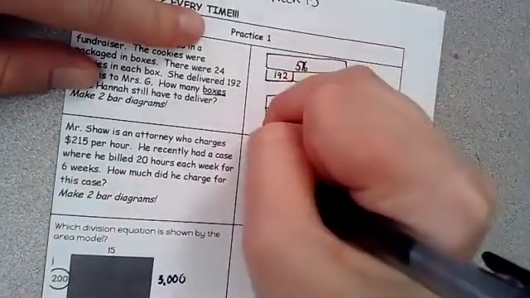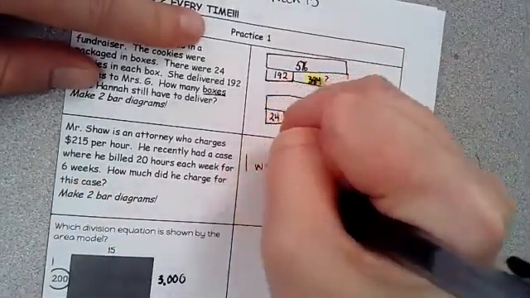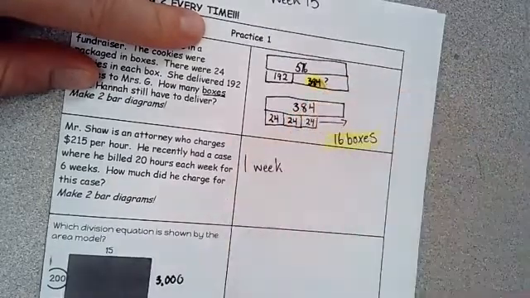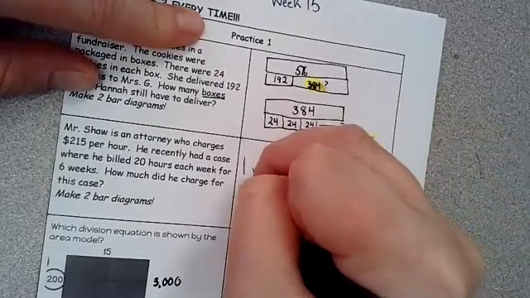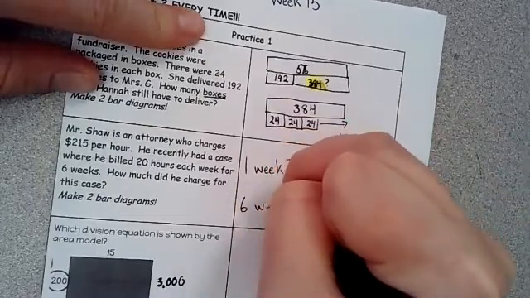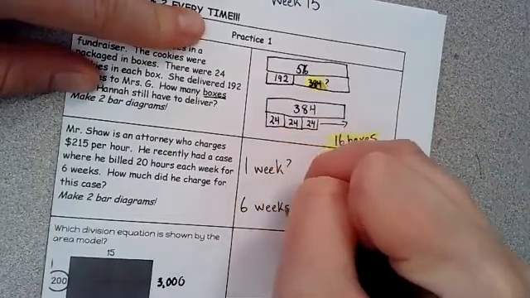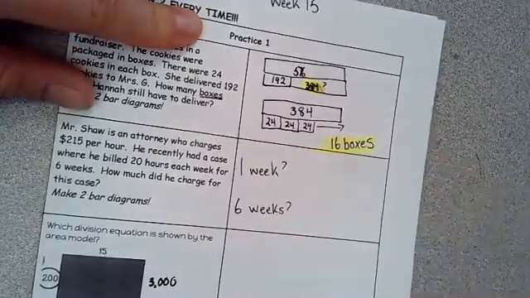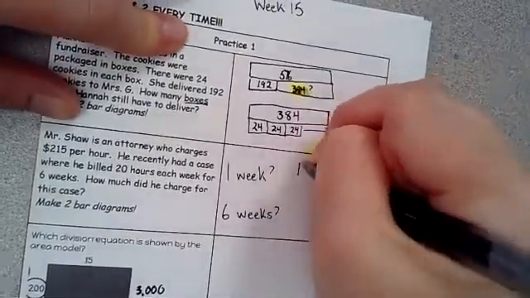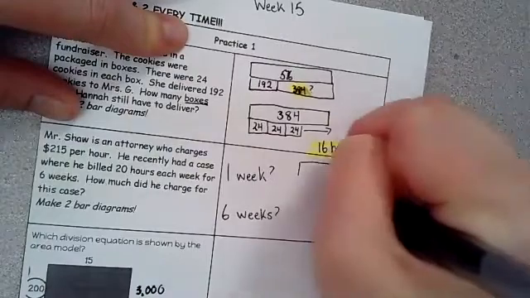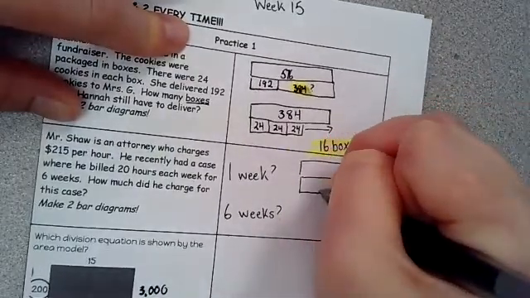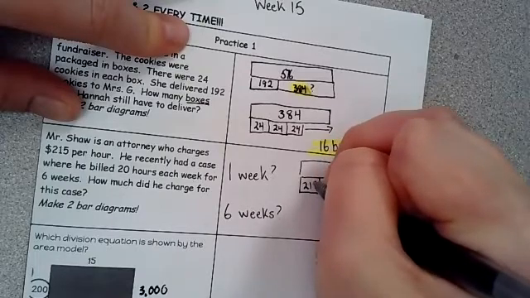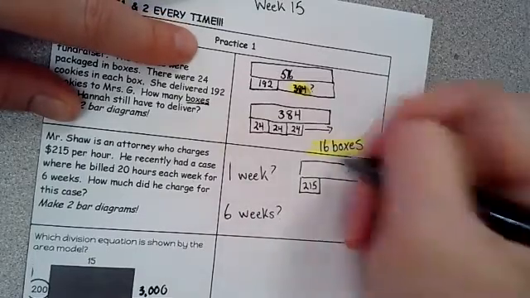So we've got to figure out 2 things. We've got to figure out how much he charges in 1 week, and then once we know that, we can figure out how much he charges for 6 weeks. Okay, so let's start with the 1 week. We don't know how much he makes in a week, but we do know that for every hour that he works, he makes $215.